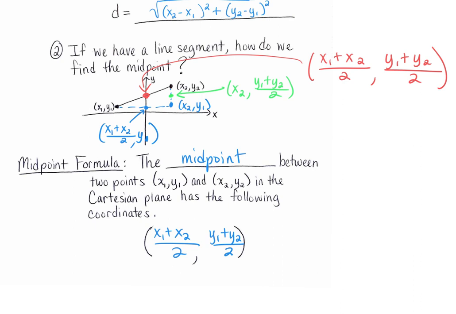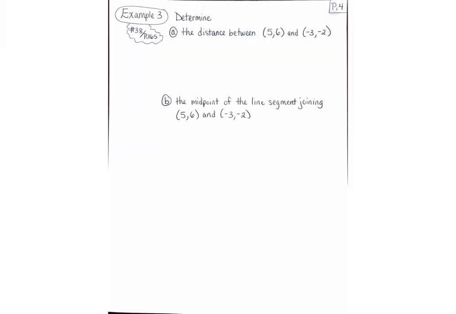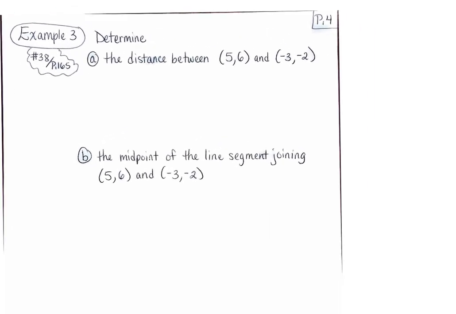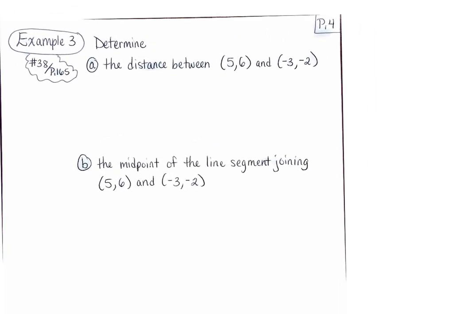You got it. So now the last thing we want to do is apply it. We want to apply those with actual points. So, the application of it. Part A, in example 3, we want to determine the distance between the points 5, 6 and -3, -2.